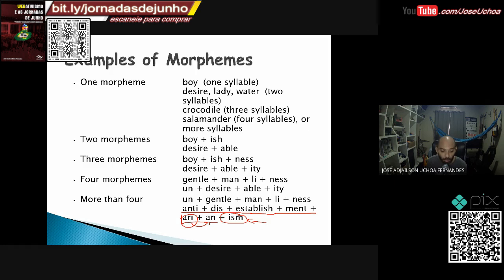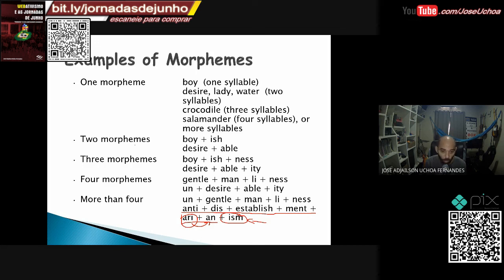When you believe in the ideologies of capital, we say you are a capitalist, and so on. So in this case, capitalist is the adjective, and capitalism is the name of the ideology. So this ism works to give proper names or nouns a terminology for a certain belief, a certain ideology, a certain behavior pattern. But we need always morphemes before it.